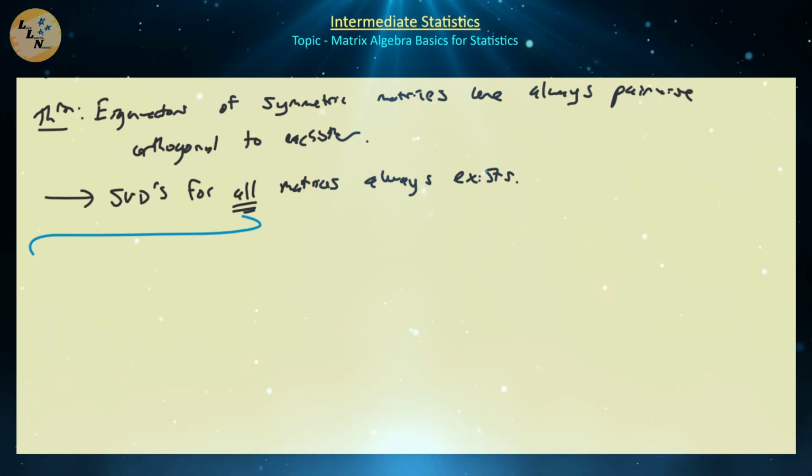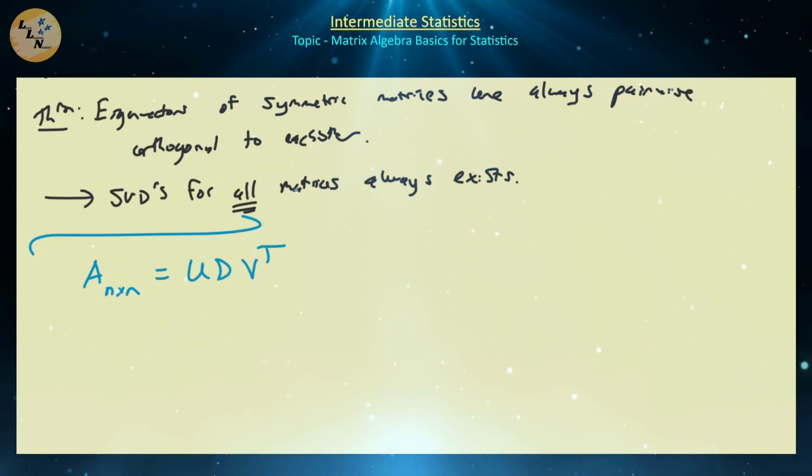Now, keep in mind, if we have an m by n matrix, and it has a singular value decomposition UDV transpose, so U, D, and V are all going to be square matrices in that sense. And let's assume that we want to find the inverse of this matrix. Keep in mind, I haven't really talked about how to find inverses of matrices, unless, for example, it's an orthonormal matrix.